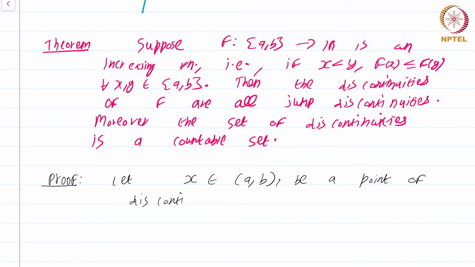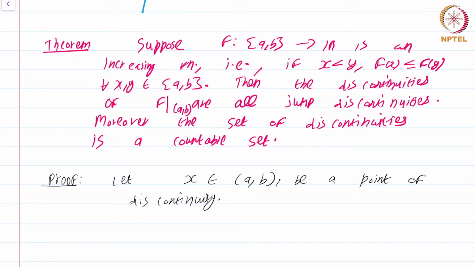Now, since I have defined discontinuities only for open intervals, for ultra precision I am going to restrict f to the open interval (a, b). Because I have not really defined what the meaning of discontinuities at these endpoints are. So for precision, I am going to just restrict the function f to this open interval (a, b).